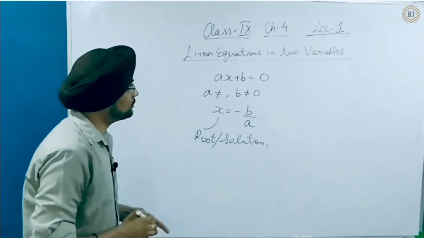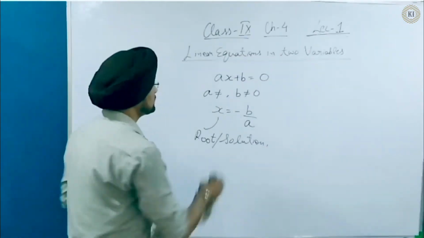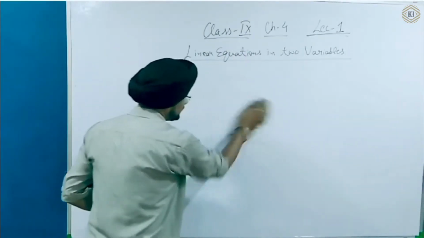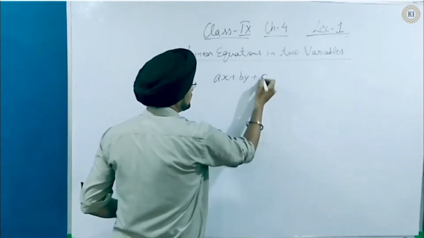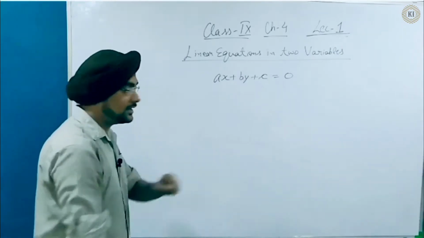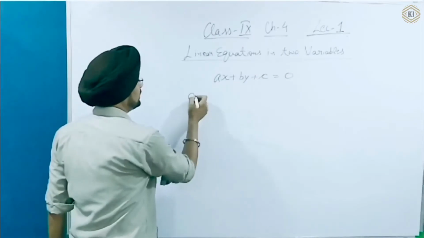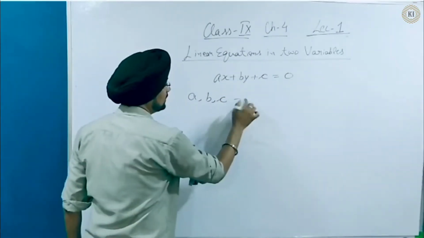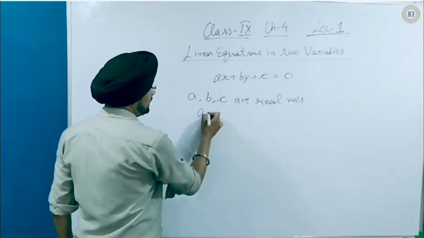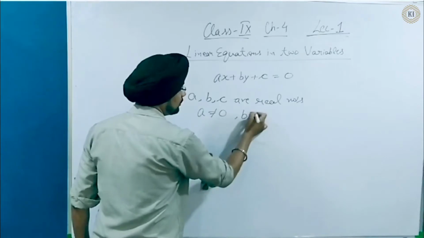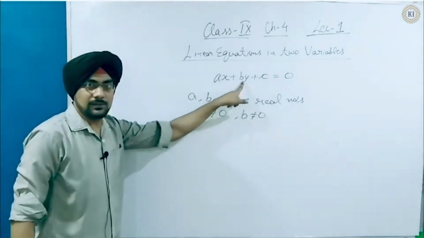So here we are going to study linear equations in two variables. See the general format: ax plus by plus c is equal to 0, where a, b and c are real numbers, and a is not equal to 0, b is not equal to 0, where a and b represent the coefficients of the variables.